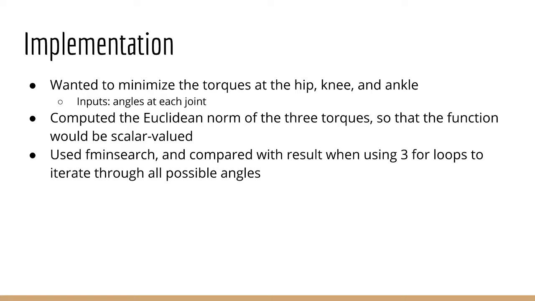And to optimize, we used a MATLAB function called fminsearch, which attempts to find the minimum of the input function. To verify the solution given by fminsearch, we also computed the squat position using a series of 3 for loops to iterate through every possible angle.